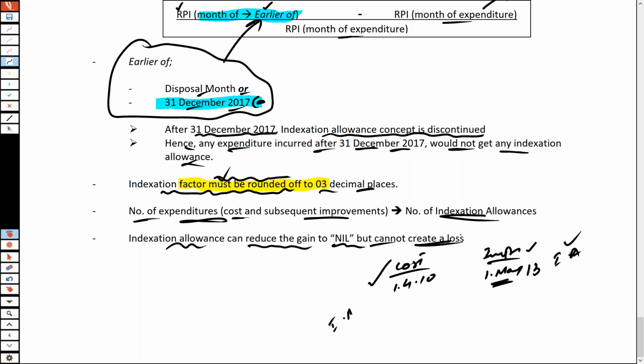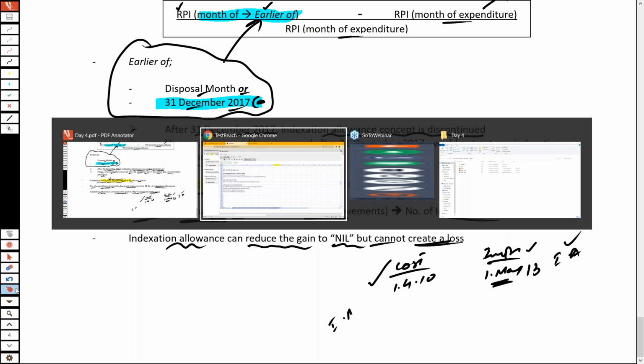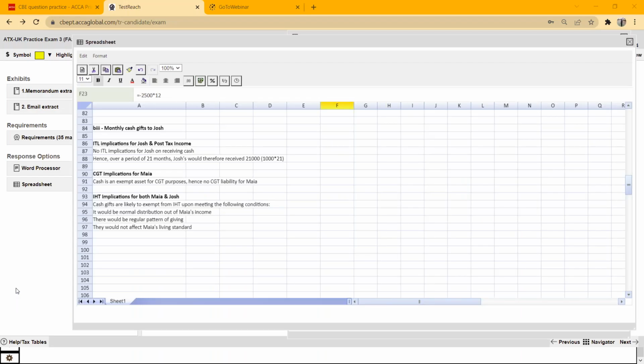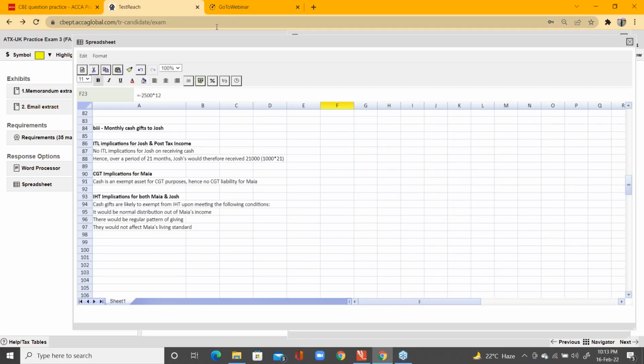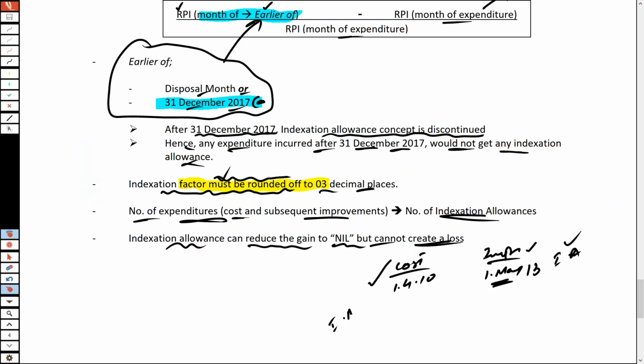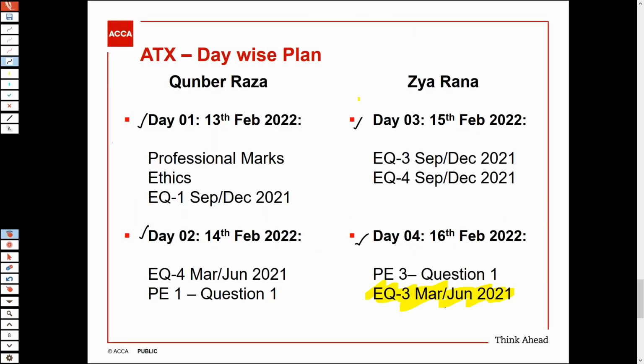Okay, now we have discussed the relevant points from the PDF, and it's time to start the next question, that is exam question 3 of the March June 21 exam session.